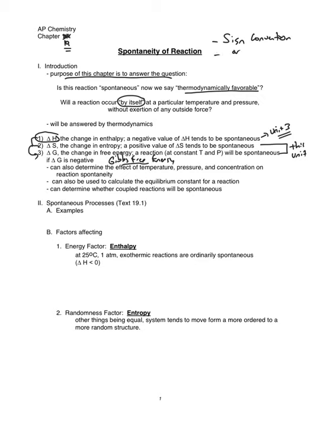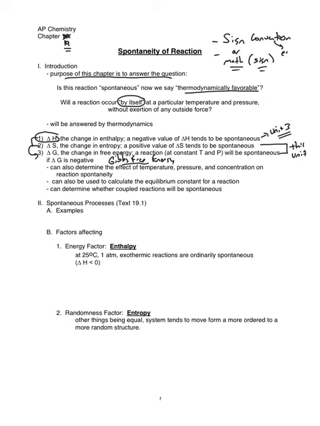Or they might ask you to mathematically calculate it. Now, most students love the math because it's plug and chug, and as long as you get the mathematical value right, and more importantly, the sign on the mathematical value correct, that'll tell you if the reaction is thermodynamically favorable. But we can do it estimation-wise too, and that's what the sign convention is.